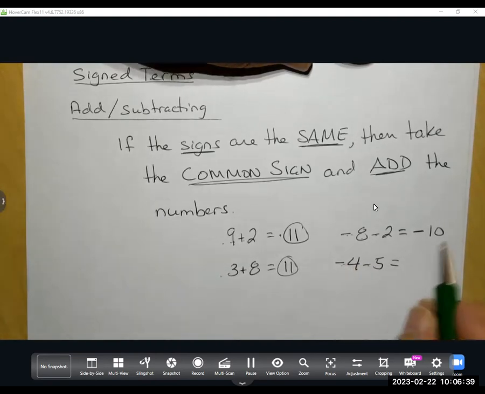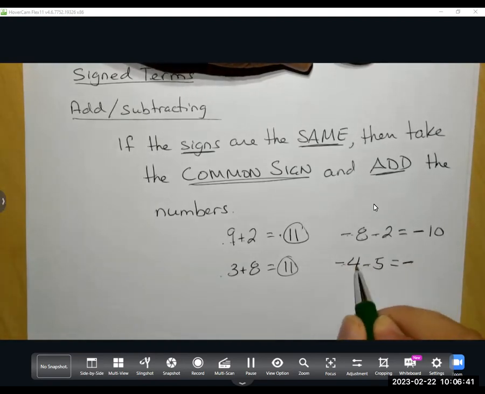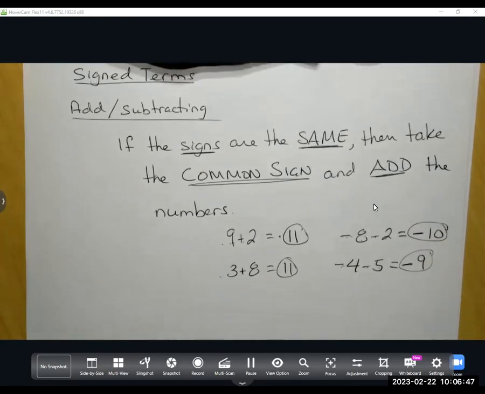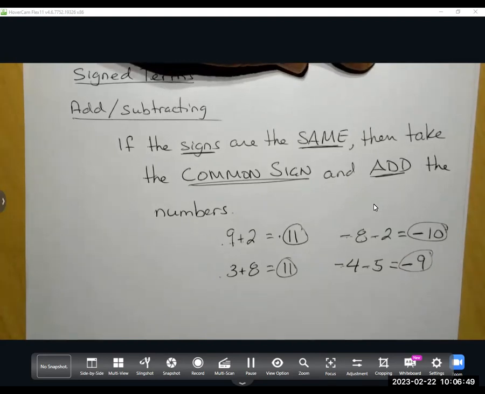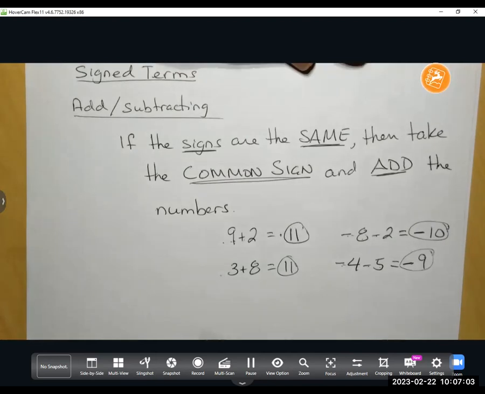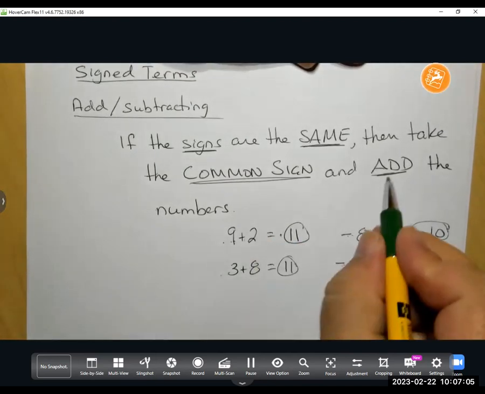They're both negative, so the answer is negative. Add the numbers. 5 plus 4 is 9. So this is the addition.